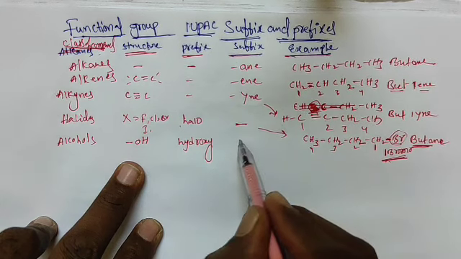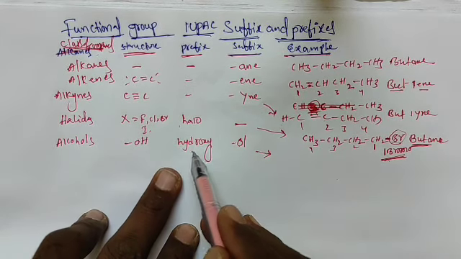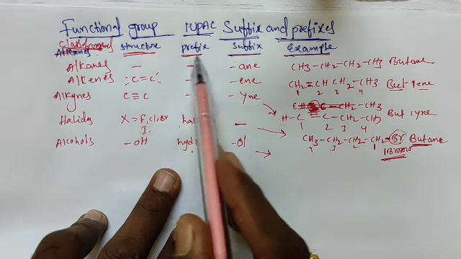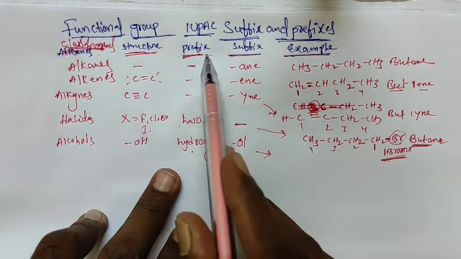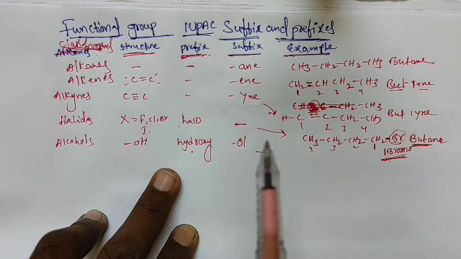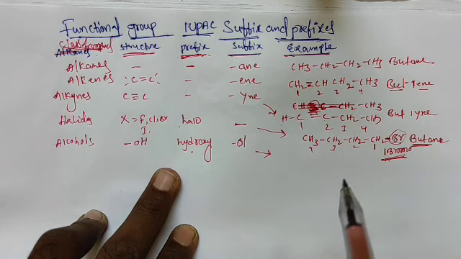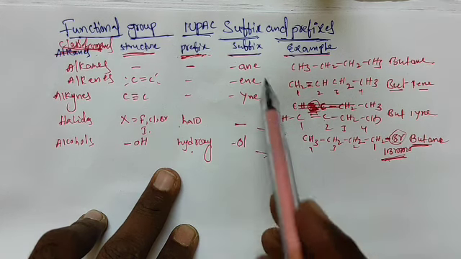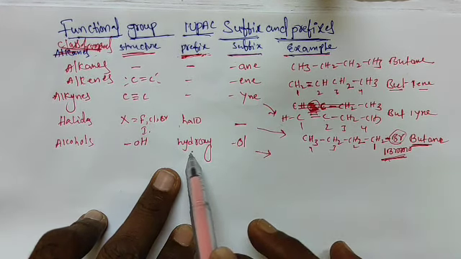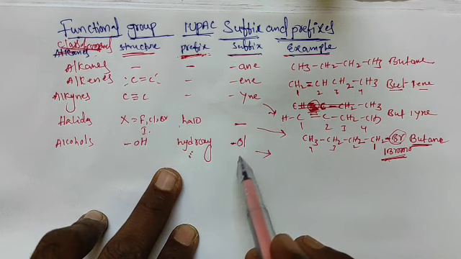After the root word we write the suffix, which is ol. Why do we write it in front? If a compound has two functional groups, one functional group is taken as the principal functional group according to priority order, and its name is written as the suffix. The other one is definitely taken as a substituent, and its name is written as the prefix. If OH is lower priority, we take hydroxy. If OH is the major principal functional group, we take ol.